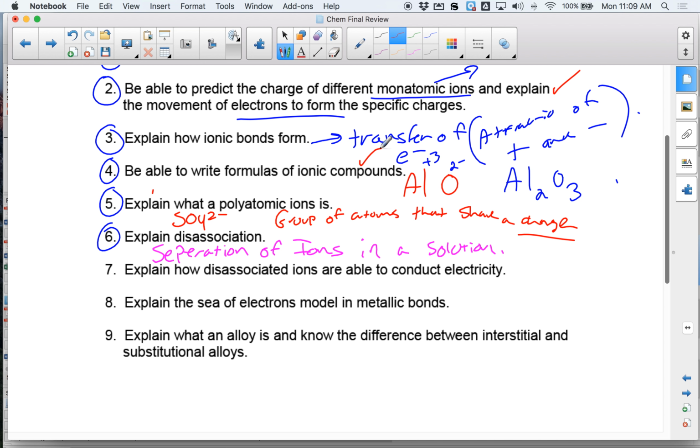The easiest thing is, if it's an ionic compound, there's got to be one metal or hydrogen. Basically, there has to be one thing from the left of the stair step and one thing either from the right of the stair step or the polyatomic ion sheet. If I give you something with only nitrogen and oxygen in it, that can't be an ionic formula because both of those things come from the right of the stair step.